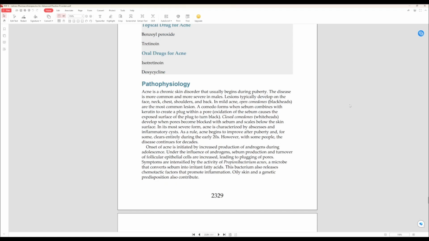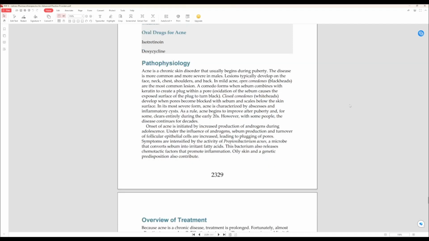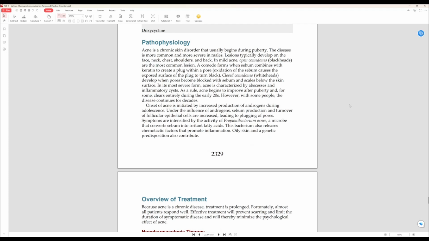Symptoms are intensified by the activity of Propionibacterium acnes, a microbe that converts sebum into irritant fatty acids. This bacterium also releases chemotactic factors that promote inflammation. Oily skin and a genetic predisposition also can contribute to this.